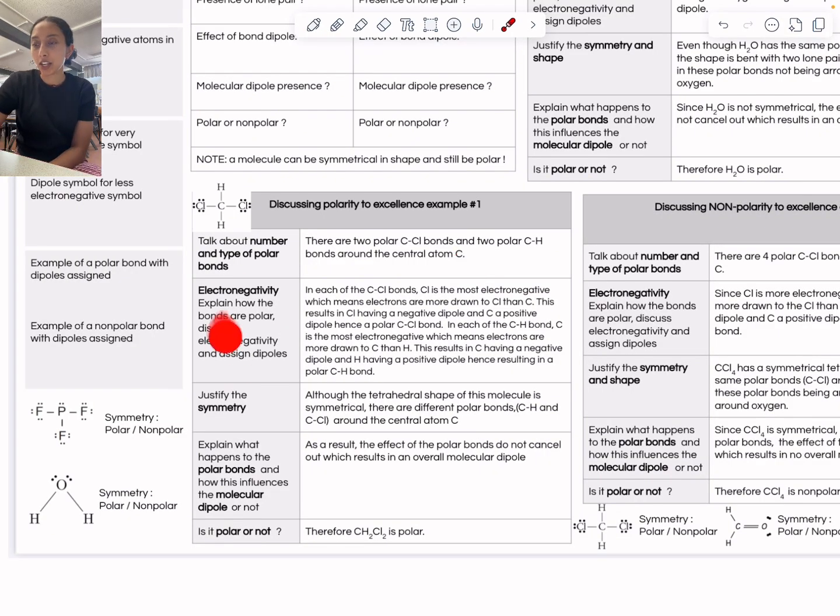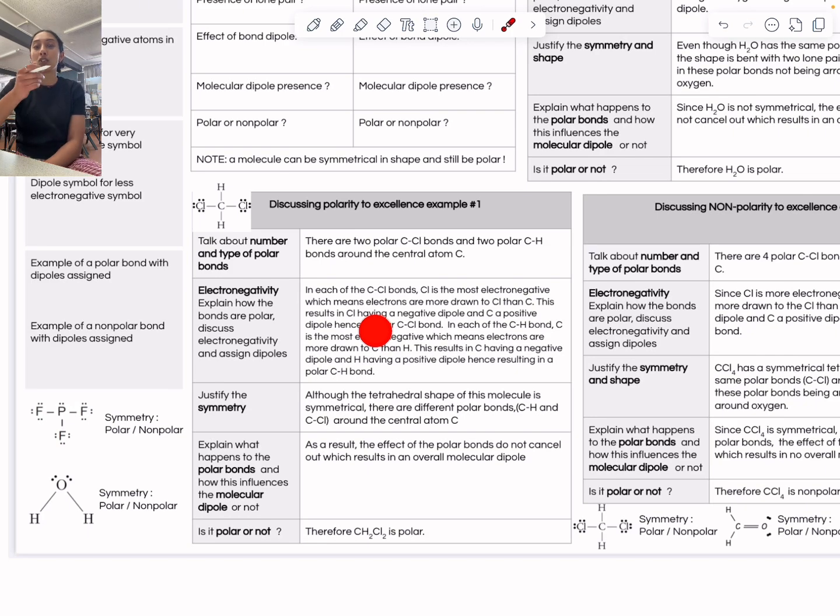Next section, you need to talk about electronegativity and explain how the polar bonds are basically electronegative in terms of what's positive, what's negative dipoles. Okay, so in each of the CCl bonds, Cl is the most electronegative, which means the electrons are more drawn to Cl than the carbon.